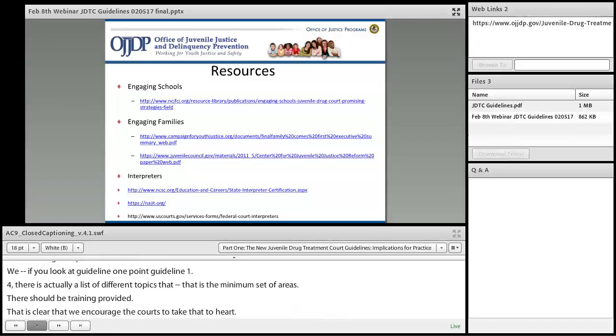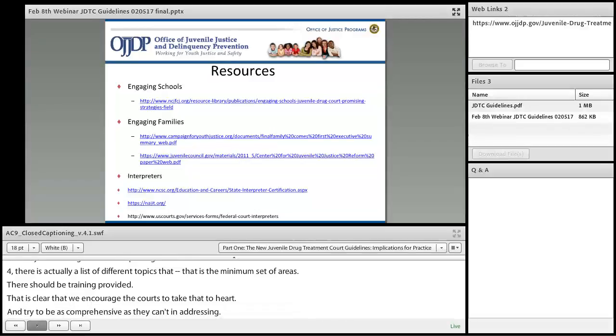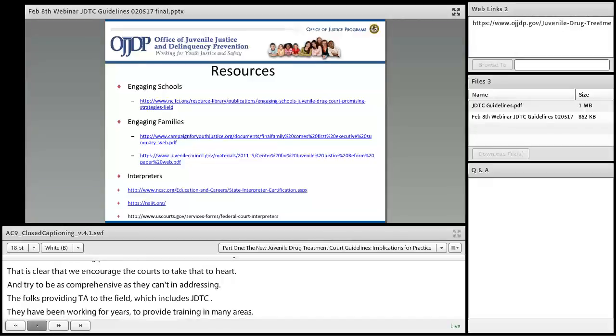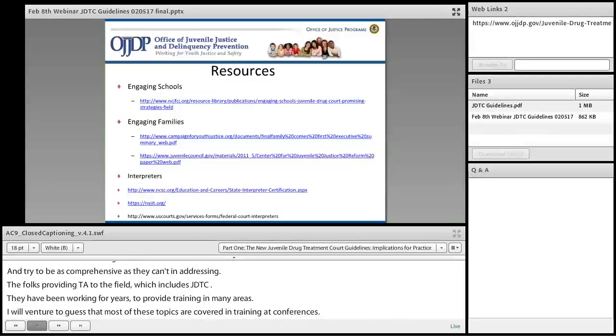The folks that are providing TA to the field, which includes NCJ and FCJ, have been working for years to provide training in many of these areas. I'm going to venture to guess that most of these topics are covered in training at conferences, but also in webinars provided by the TA providers and other materials that are available.